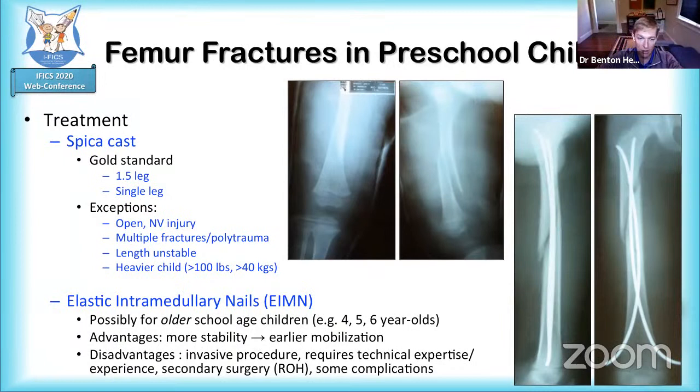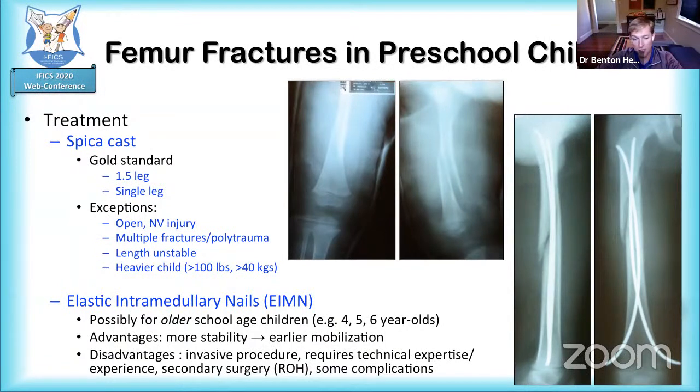In those children, elastic intramedullary nails may have certain advantages, such as more stability, allowing for earlier mobilization and less strain on a family. And so a nice study by Eric Gordon and the group from St. Louis has suggested even as young as 4 years old, this may be appropriate.